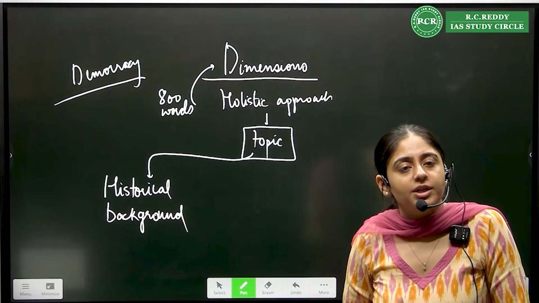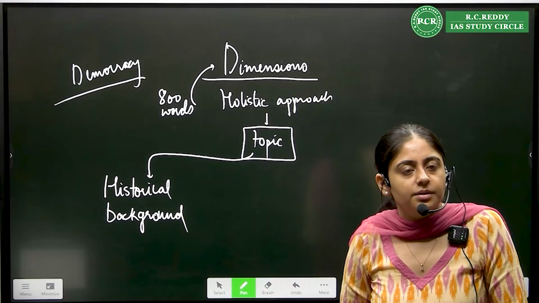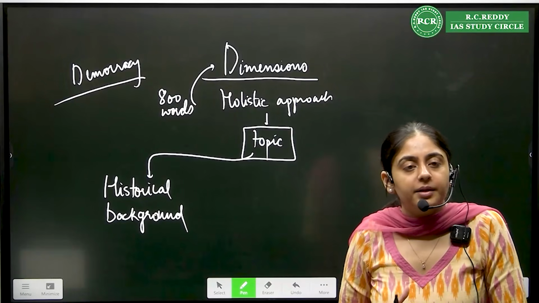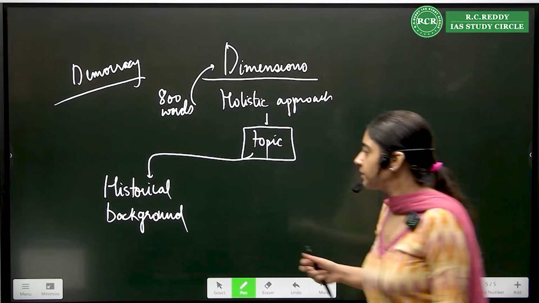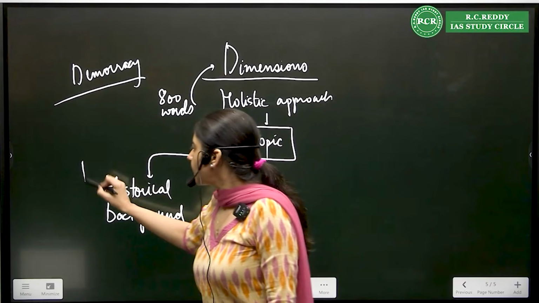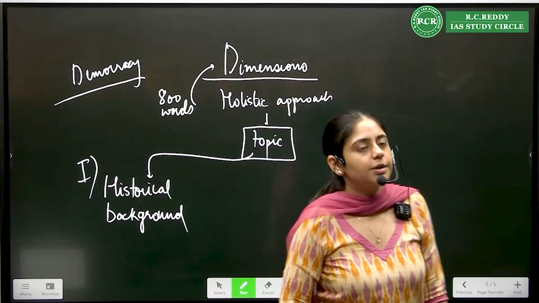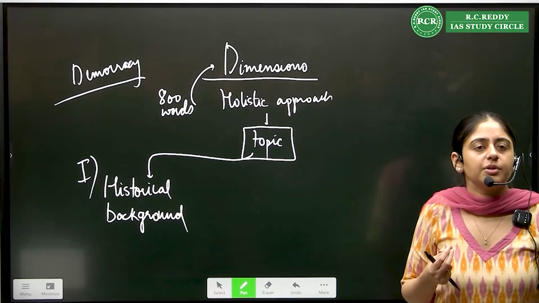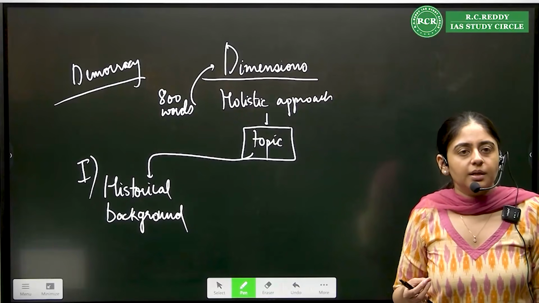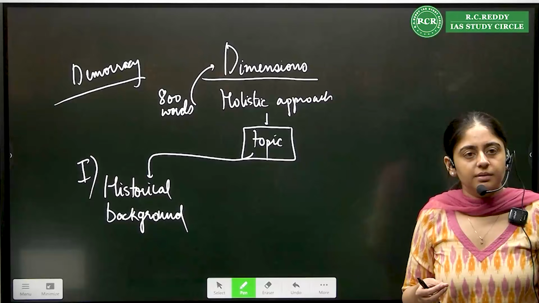Again, here your knowledge comes in, your GS knowledge comes in. So when they are expecting you to have a good knowledge base of the topic, the first way to get that is to discuss its historical background. Any topic. Think about it, and there might be a possibility that for some topics there is no historical background, but very rare.